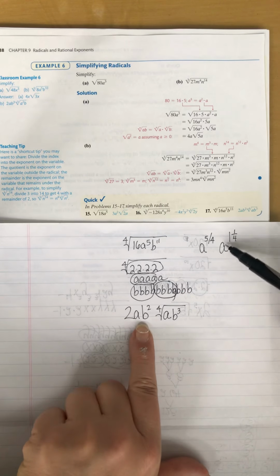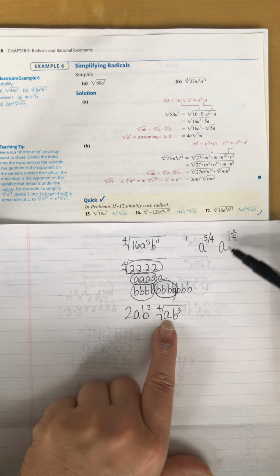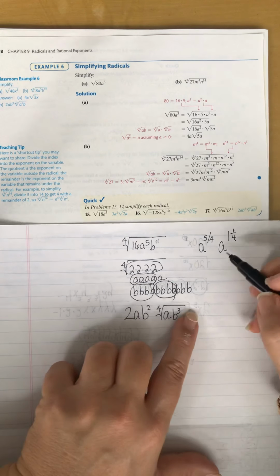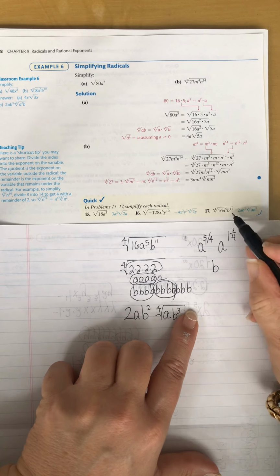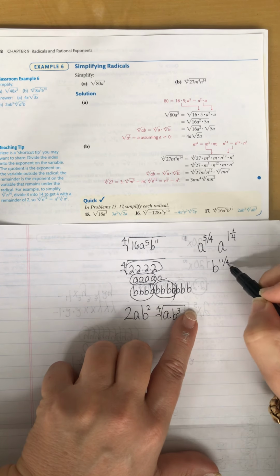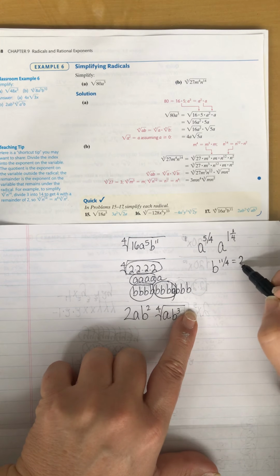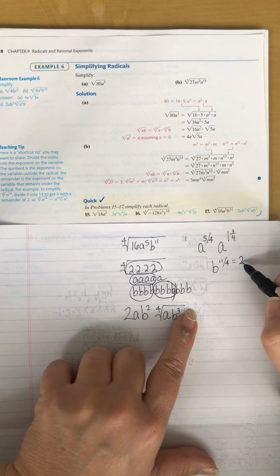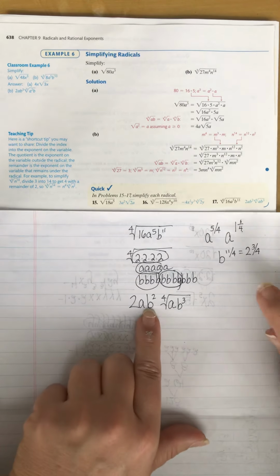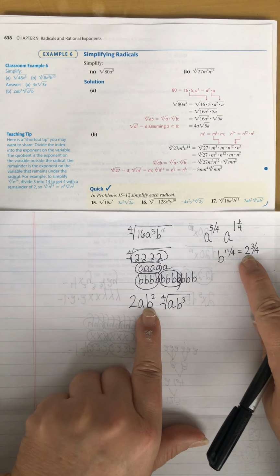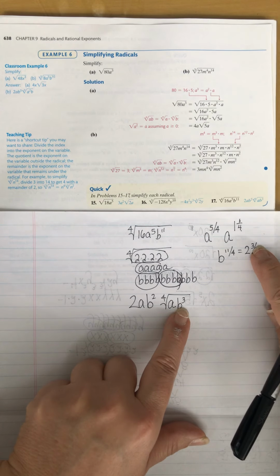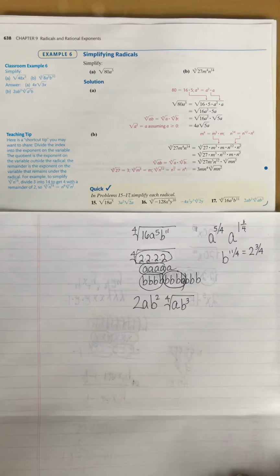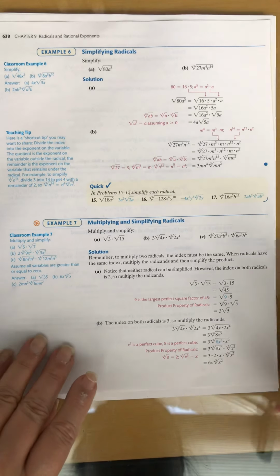So 1 a comes out, but 1 stays underneath. And then b to the 11th power is 11 over 4. 4 goes into 11 two times with 3 left over. So there are 2 full b's that came out, but 3 left over. So that's another way you could do it.